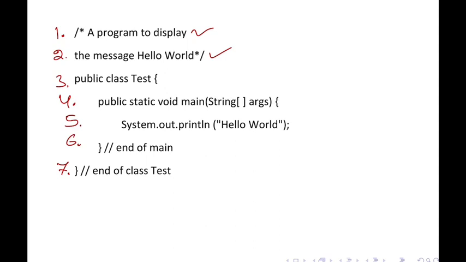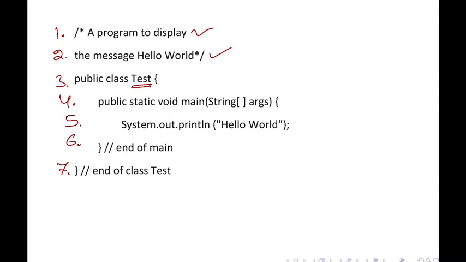So line number 3 defines a class. So here the class name is test. Every Java program must have at least one class. So remember this thing, and each class has a name.